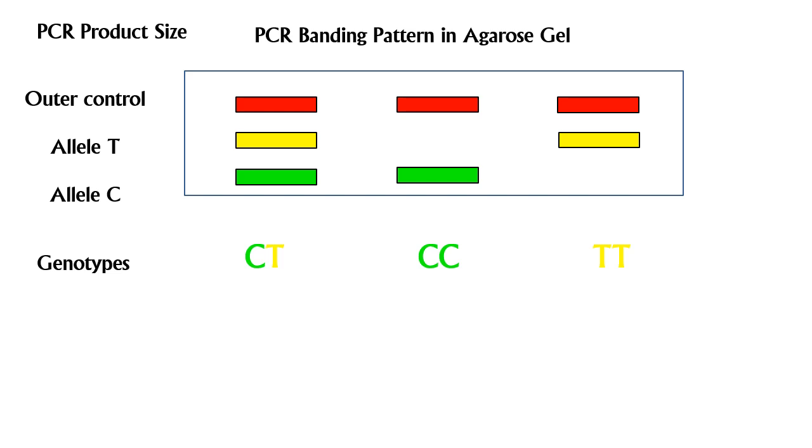In the right portion we can see that there are two bands. The first is the base band of the outer primers, and then the middle band is formed, whose product length is intermediate between the other two primers. So we can see that this individual has the T allele.